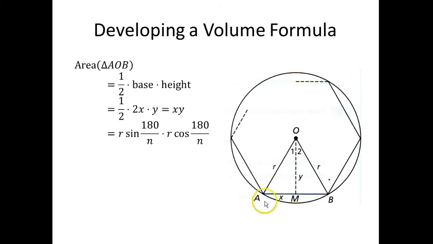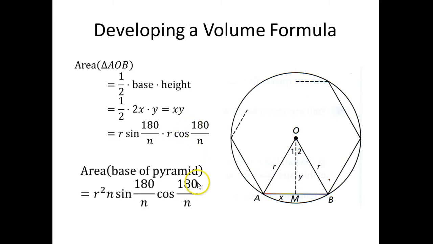But I know that x, from the previous couple of slides, has the same value as r times the sine of 180 degrees over n, and y has the value r cosine 180 over n. Now, since there are a total of n of these congruent triangles inside here, the area of the base of this inscribed pyramid is going to be r squared, since I have two factors of r, times n, since I have n total triangles, times the sine of 180 over n times the cosine of 180 over n.